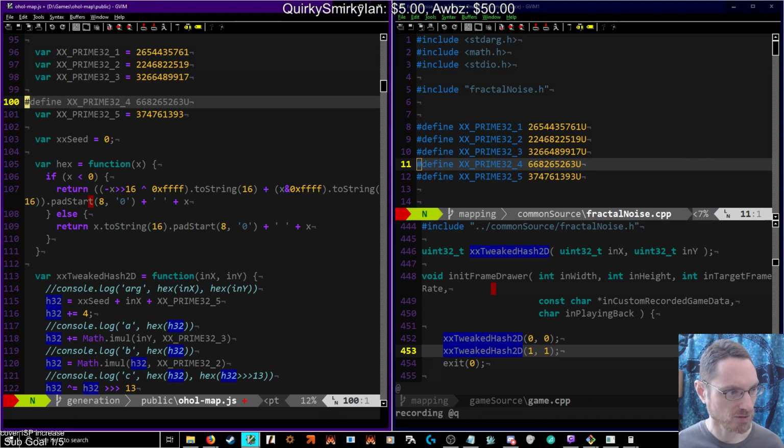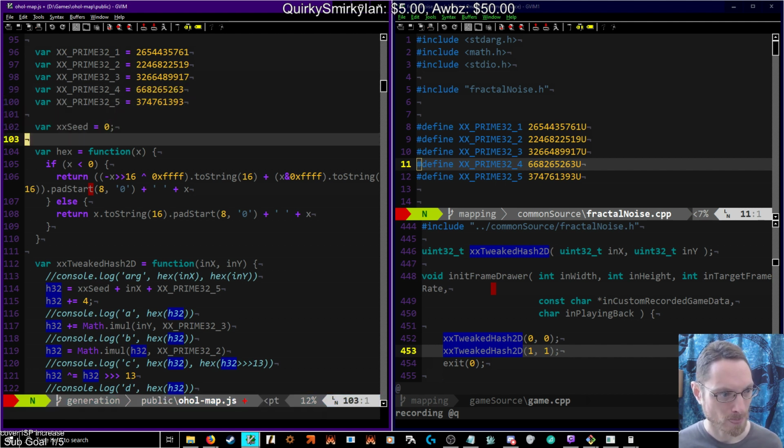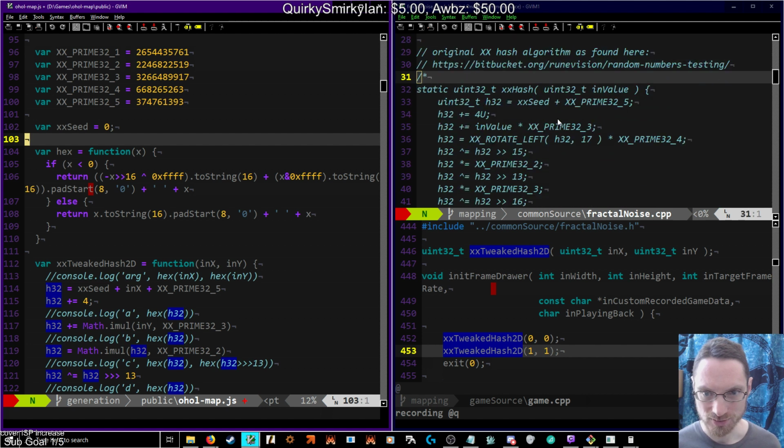I'm just curious how big a difference this makes. So the rotate might actually be a bit of trouble here.